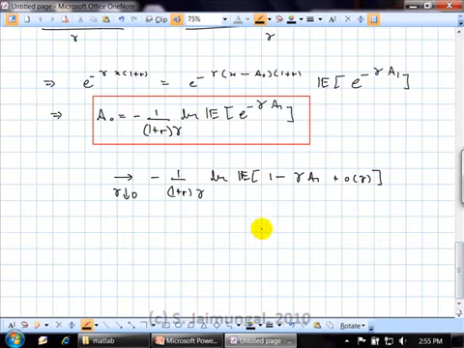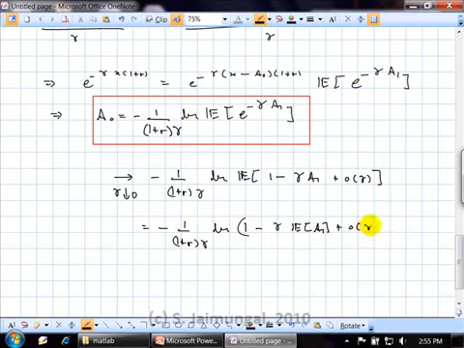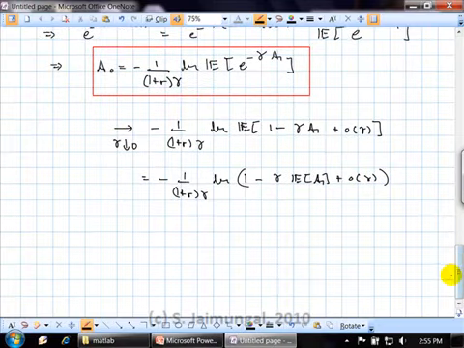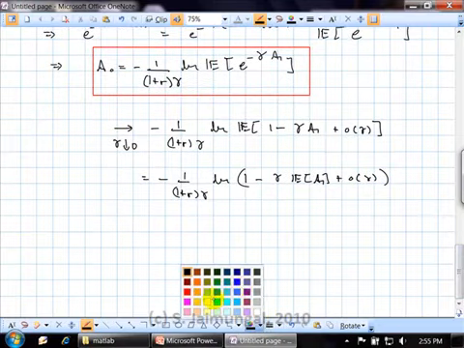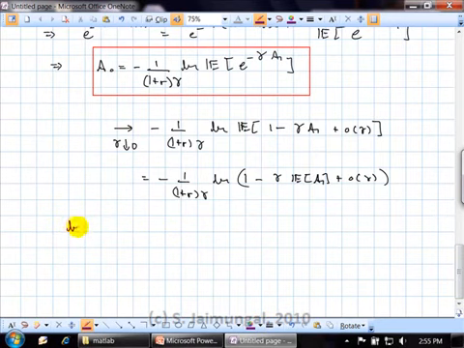Okay, now you can see that expectation just goes under the. Can write it like this: 1 minus gamma expected value of a1 plus little o gamma, and then I use the following fact. Okay, so by the way, I already used the fact that e to some power alpha for alpha small is 1 plus alpha plus little o alpha, right?